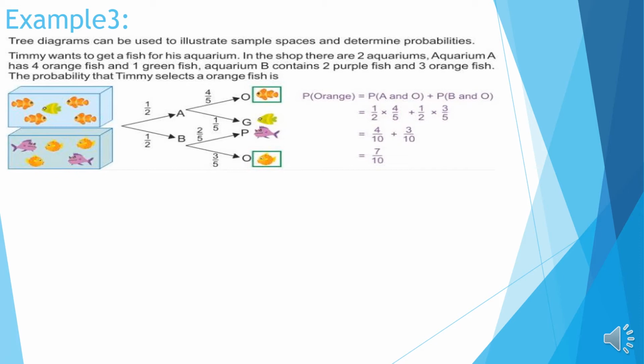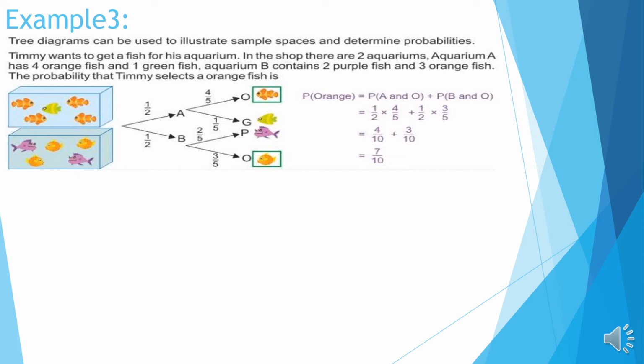The probability that Timmy selects an orange fish is... It is as if he is asking: if Timmy selects one fish at random, an orange fish, it may come from Aquarium A or may come from Aquarium B. How likely is it that you drew it from A? 50%, and 50% from Aquarium B. So what is 50%?